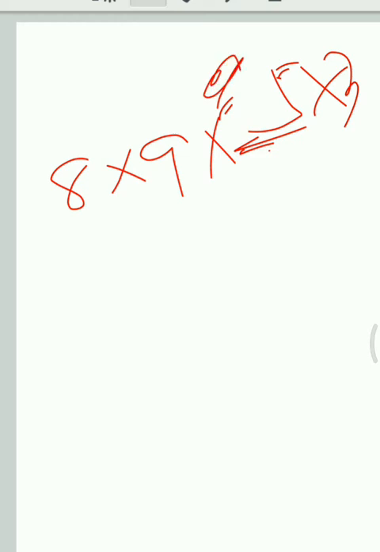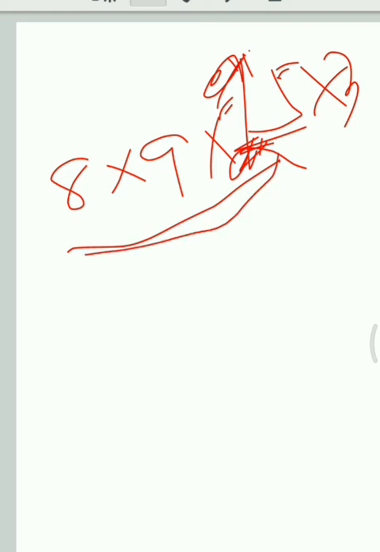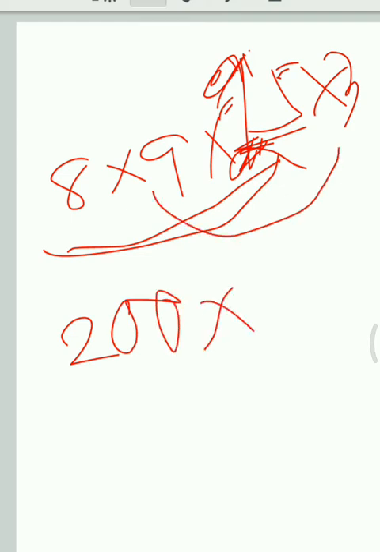This is 25, not 5. Just arrange it. 25 into 8, you will get 200, definitely 200, into 9 into 3. 9 times 3 is 27.